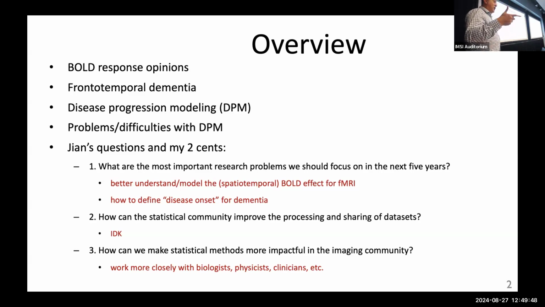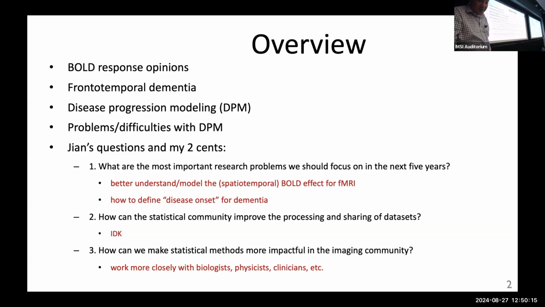Tanya in her talk this morning talked about disease progression models, so I don't need to so much anymore. So I'll talk about the bold response, tell you a little bit about frontotemporal dementia, what disease progression modeling is for us, the problems and difficulties we have, and all the way along, I'm going to focus on Jan's questions. I'm kind of putting my answers up front here.